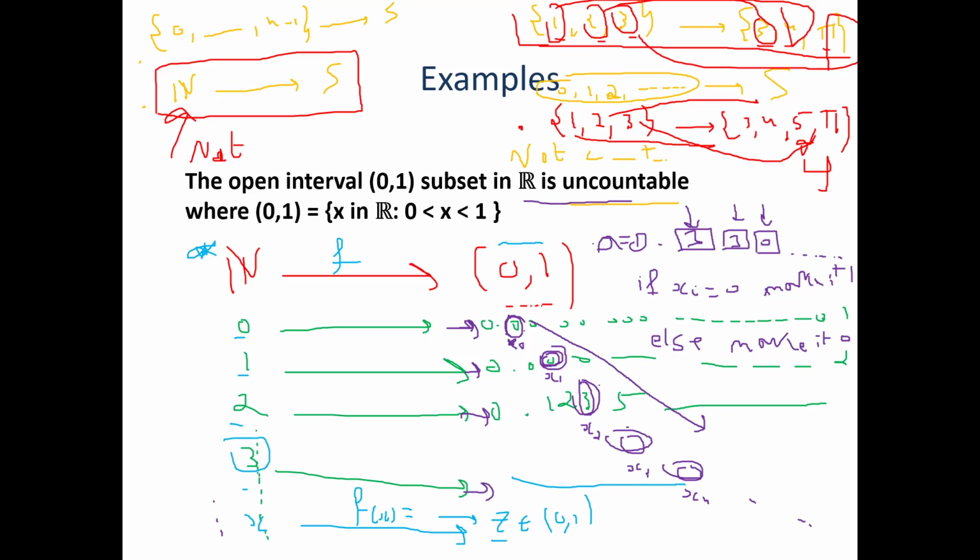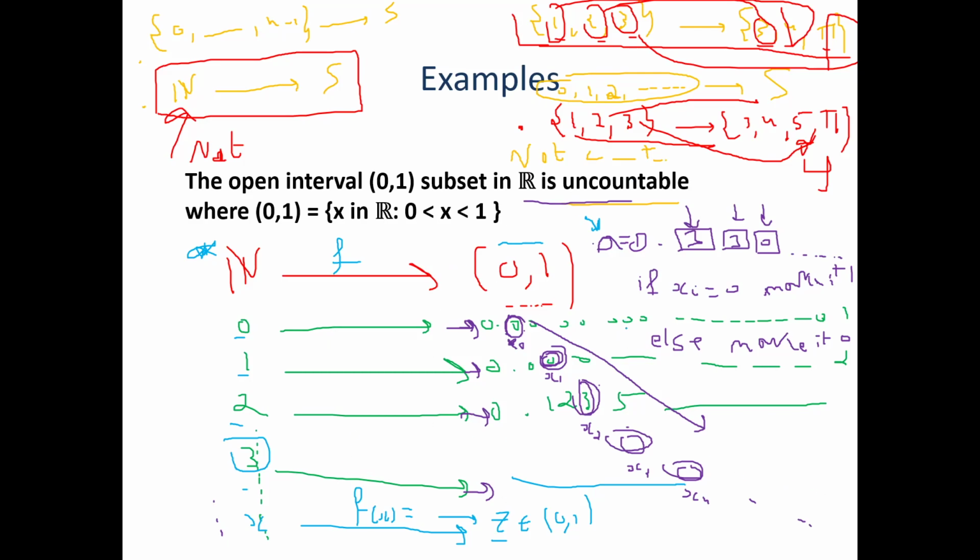Well, now here is where our contradiction or counterexample comes in. We're gonna build a number A such that this number belongs to the set. So this A is definitely gonna be between 0 and 1 because we were building it 0 point something, but it's not in this bijection. Why?